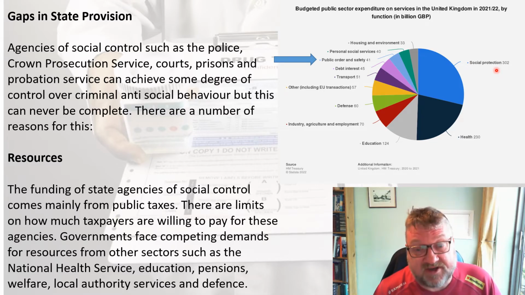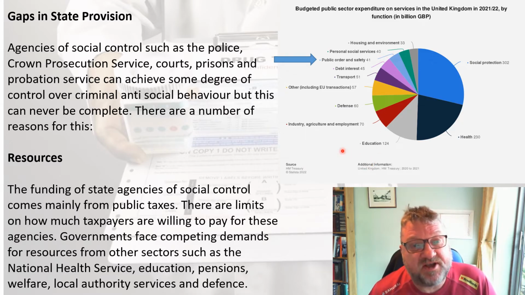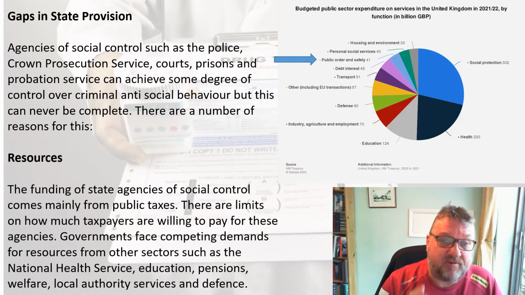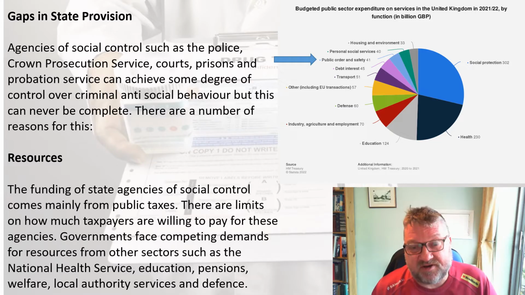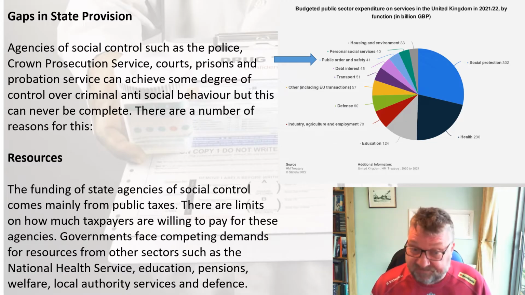That is more about pensions and that sort of thing. Where we come with crime and punishment is actually public order and safety, and you can see they receive £41 billion overall. That's police, prisons, the whole lot. So you can see where things are. You can decide whether you think that's a fair split up, but that is the reality. Everyone's competing and only a certain amount of the pie can be given to all of the different competing agencies. So resources are limited.